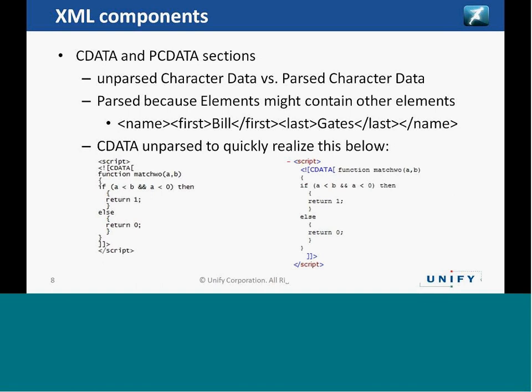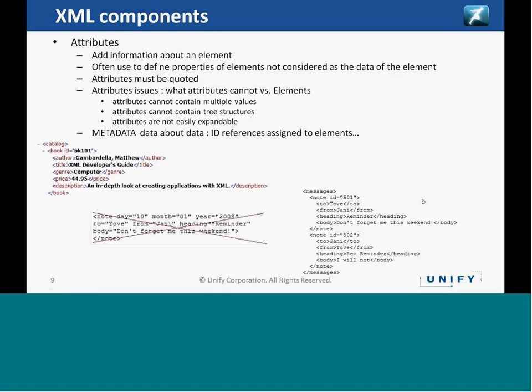So if you need, for example, to put in a script or characters that might not be proper to have in an XML file, then you would use a CDATA section here. That's the way you use it, and that's going to be the end result. Again, if you create this file in Notepad, save it, and open it in Internet Explorer, you're going to see this result.